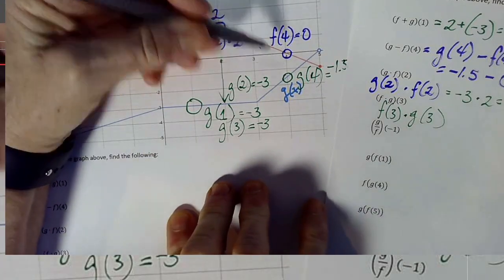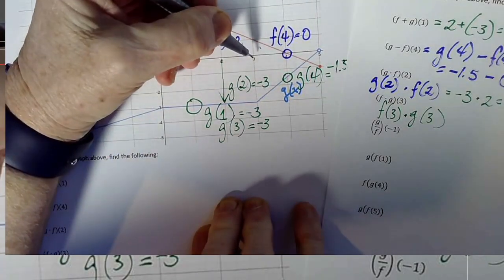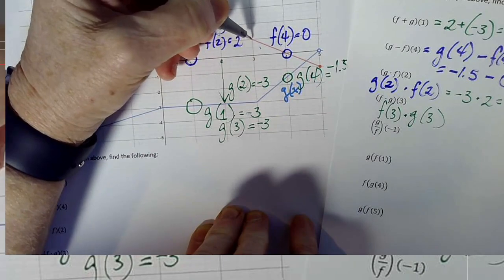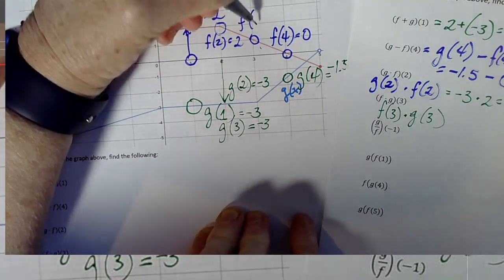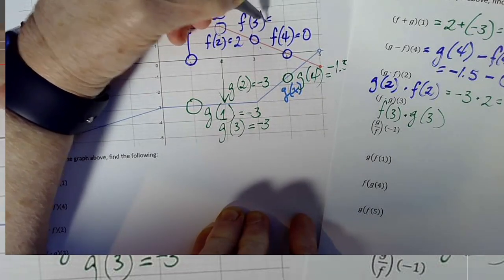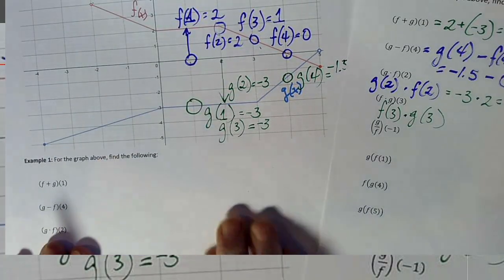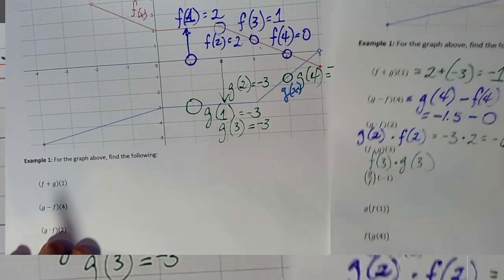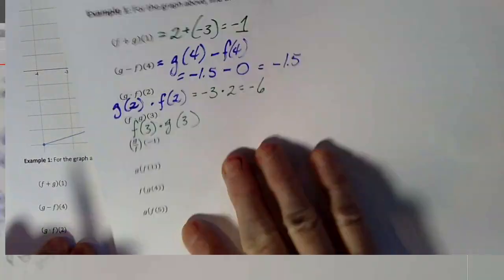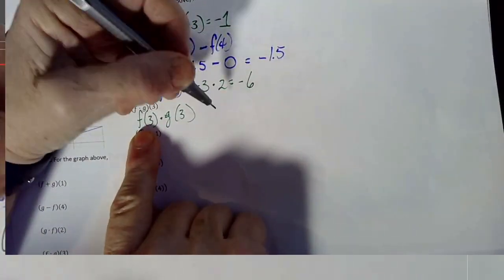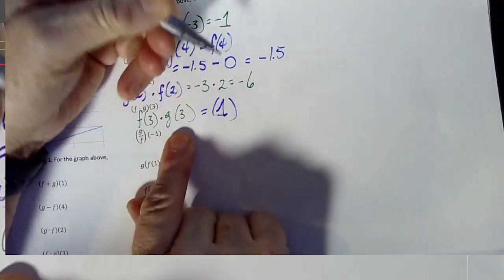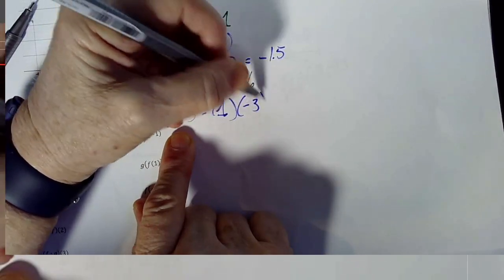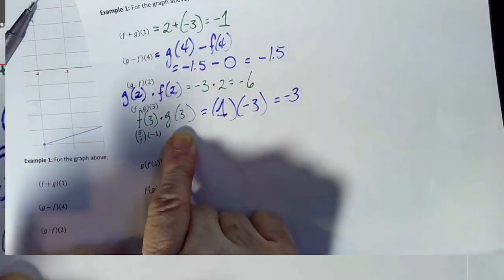For f of x, when x is equal to 3, f of x is equal to 1. So I can write that as f of 3 equals 1. And now I've got the two values to plug in here. We said f of 3 was 1, g of 3 was negative 3. We get negative 3 for the product.